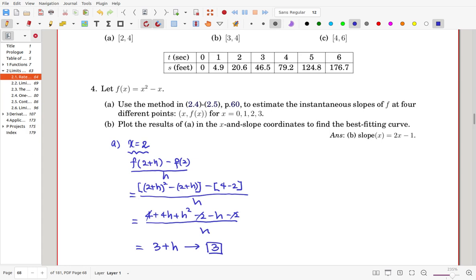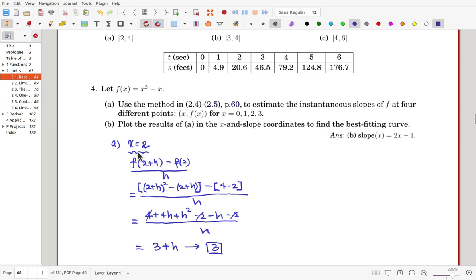So in this way, you can find for each of these 4 points a number, which is the slope of the tangent line at that point.